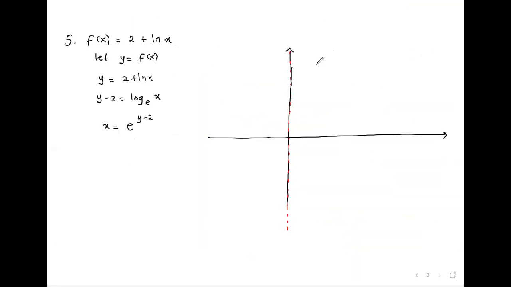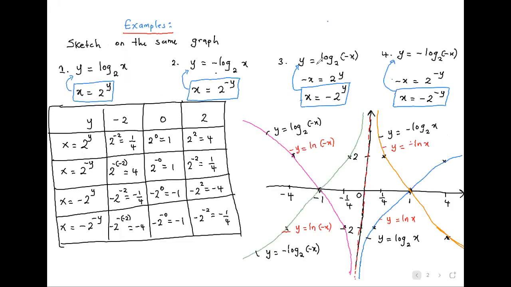So now we look for where the graph will touch the x-axis. We are saying when y is 0, at which point? If you noticed in the graphs that we had here, we are crossing at 1.